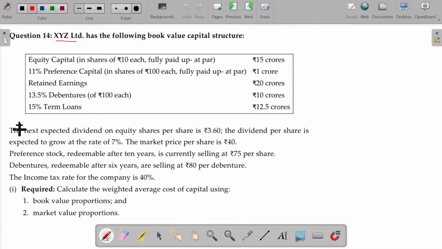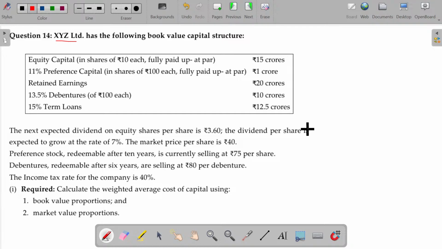Now, what are the requirements? The next expected dividend per equity share is 3.6. The dividend per share is expected to grow at the rate of 7%. The market price per share is 40. So you can calculate the KE here.